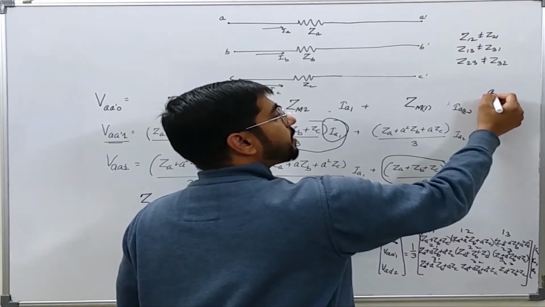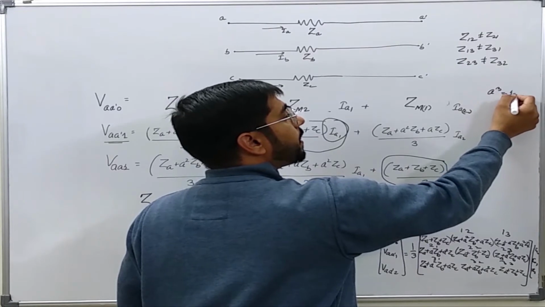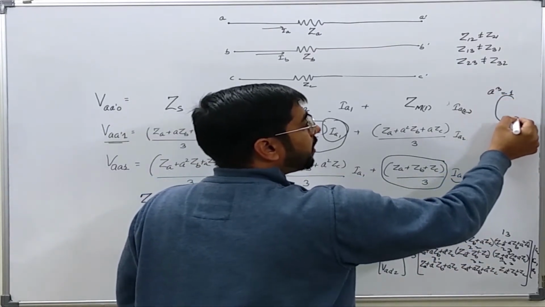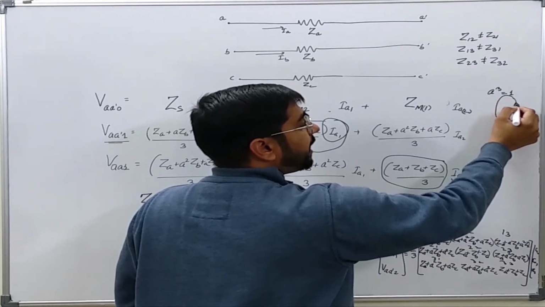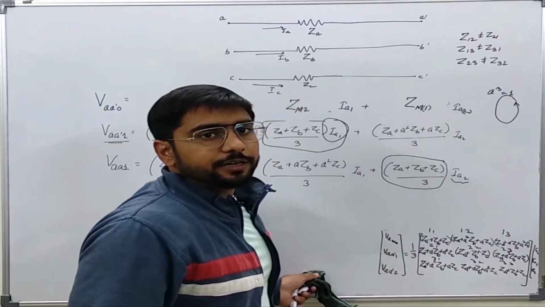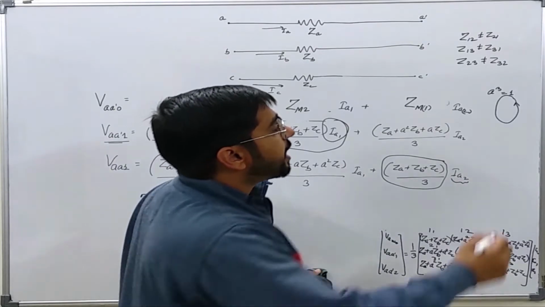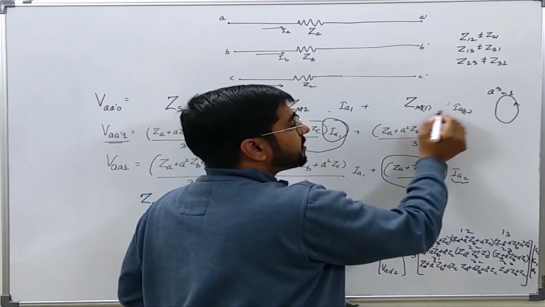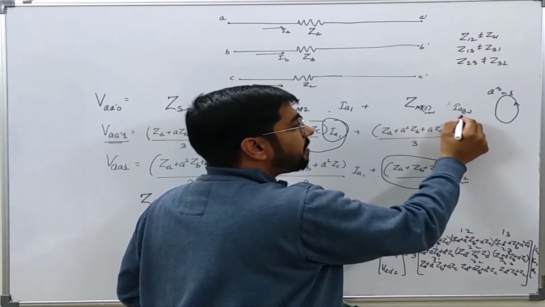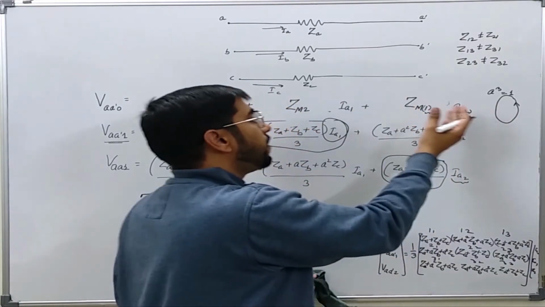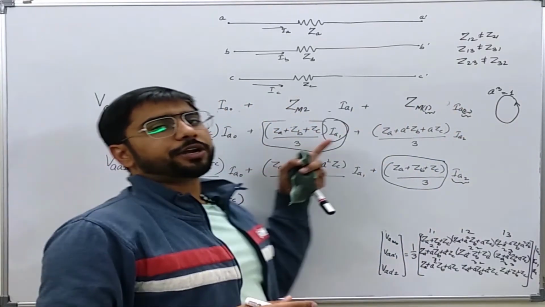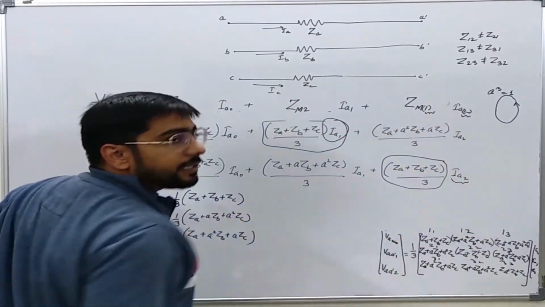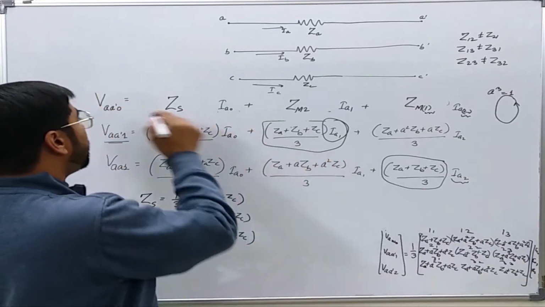Since a cube is equal to 1 only, and it is nothing but a complete circle in the 360-degree scenario, it can be remembered as equal to 0 only. That is, it is not going to create any change. So this 1 plus 2, which is 3, is equivalent to 0 only.